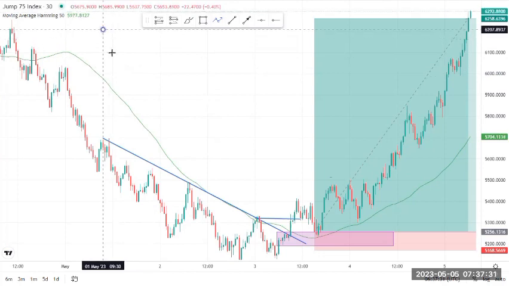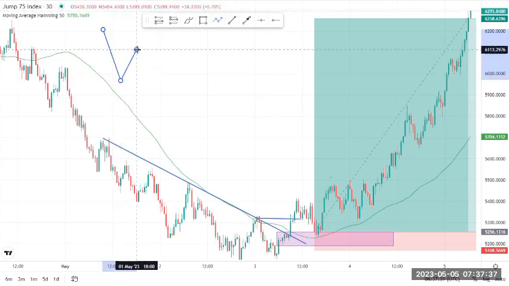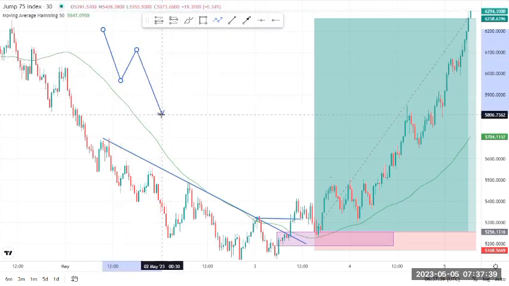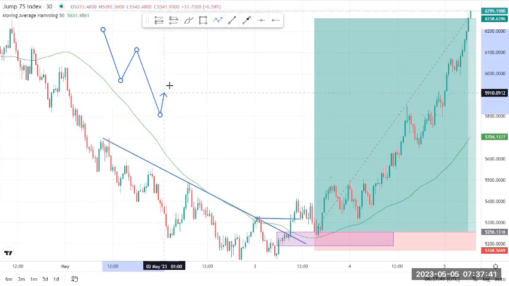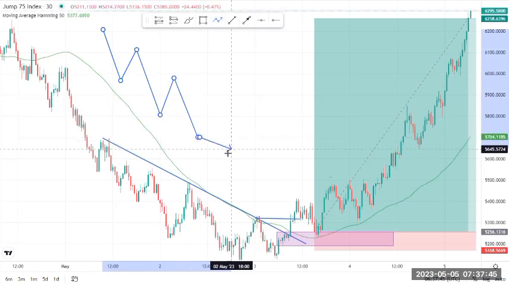When you have price making a downtrend like this, when you have price making a move like this, okay, this is a downtrend, making a move like this.